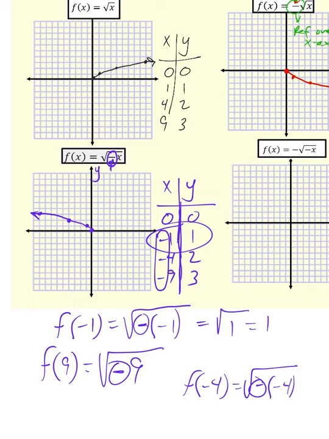Okay, so when the negative is under the radical, like we had in this case, that caused us to reflect over the y-axis.